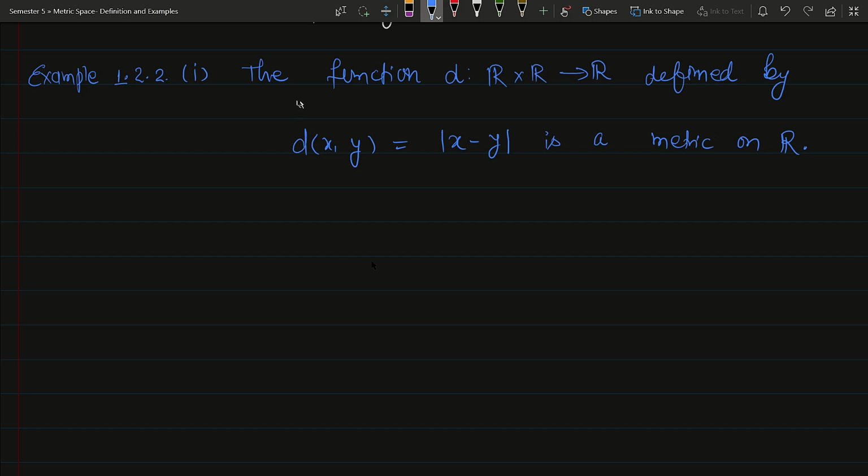Now we will show that this function d is a metric. So let me write the solution for it.